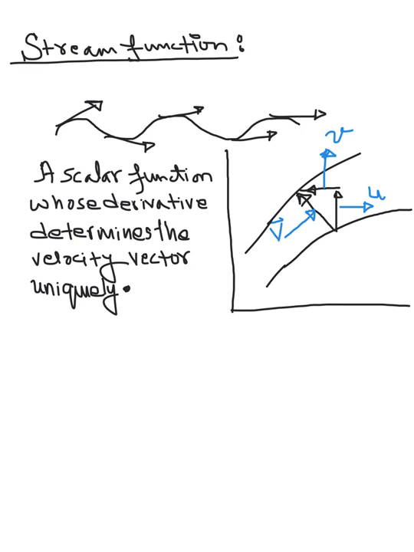So in order to define this relation, consider, for example, two streamlines defined by psi 1 and psi 2, and the fluid is flowing between these two streamlines with a velocity v.